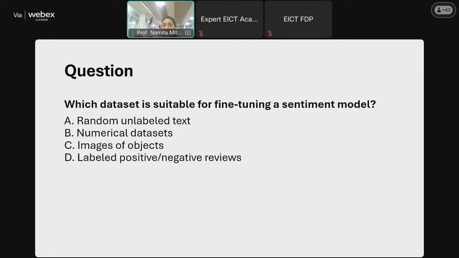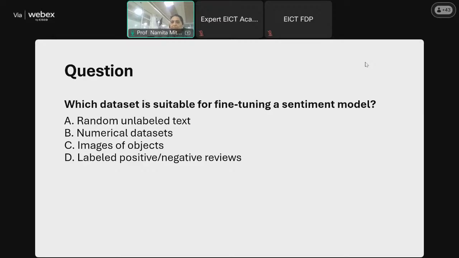So which data set is suitable for fine-tuning a sentiment model?